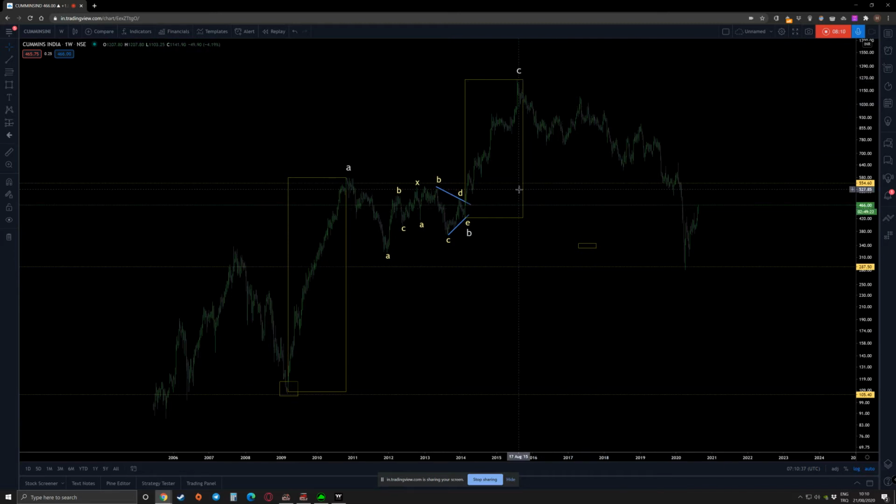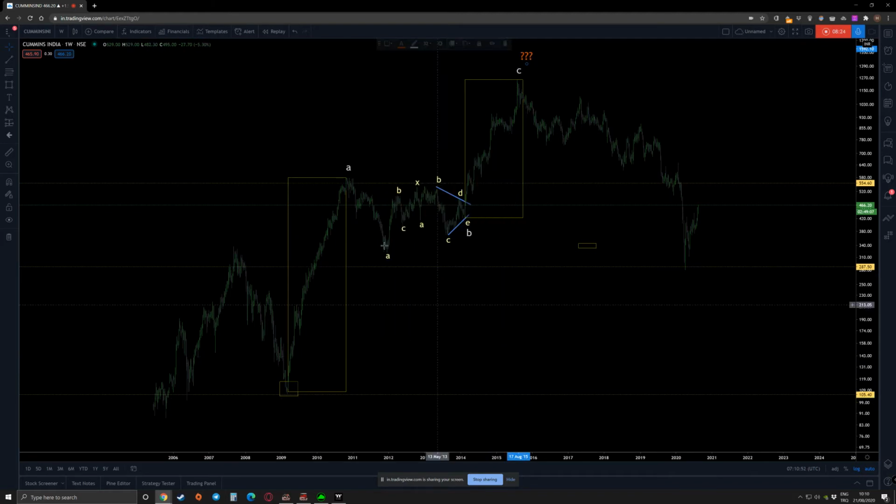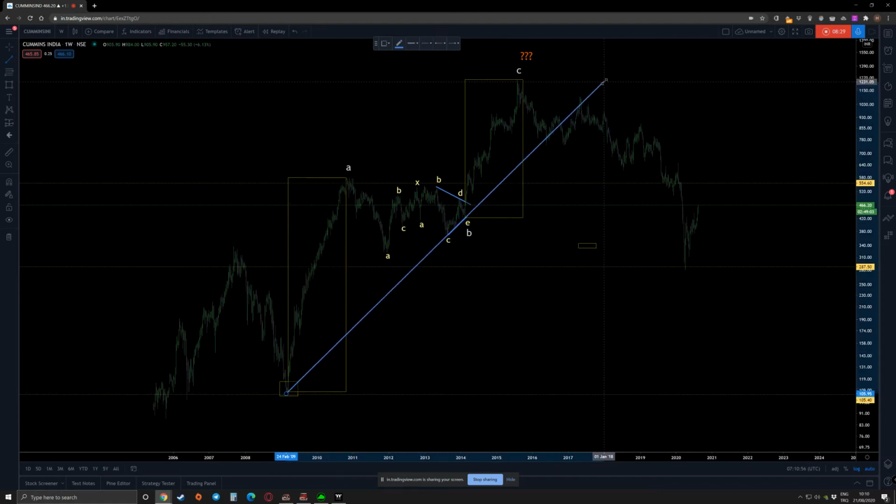So now, this ABC that we have. After this, we have to ask ourselves one question: is this a simple correction or a complex correction? If it was a simple correction, the market should have come and broken the 0 to B trend line, which it did this time.